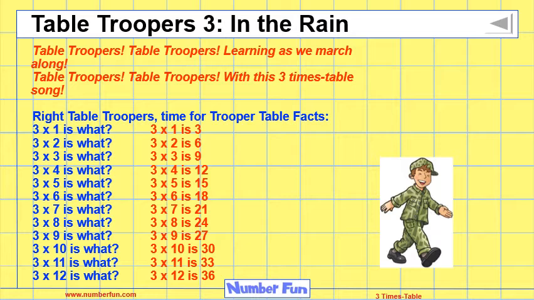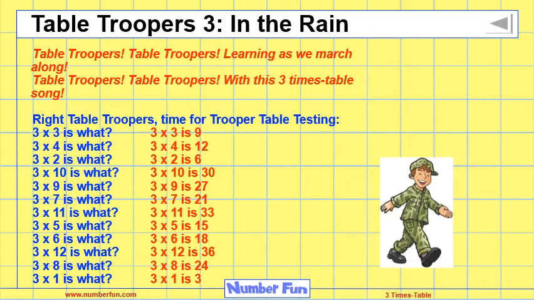Right, troopers, time for trooper table facts. 3 times 1 is 3. 3 times 2 is 6. 3 times 3 is 9. 3 times 4 is 12. 3 times 5 is 15. 3 times 6 is 18. 3 times 7 is 21. 3 times 8 is 24. 3 times 9 is 27. 3 times 10 is 30. 3 times 11 is 33. 3 times 12 is 36.